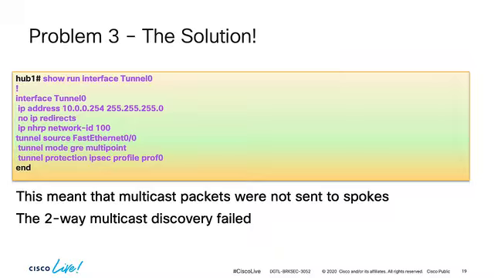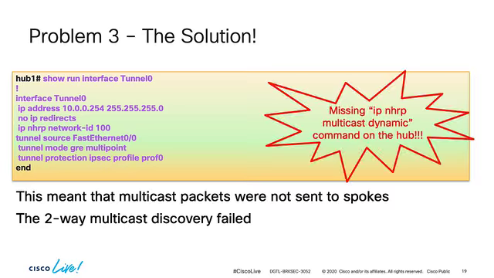Remember, when I was talking about the mandatory commands which are required with NHRP, I said that it was very important that we enable multicast on both the hub and the spoke. In this particular case, what we see is the ip nhrp multicast dynamic command was actually missing on the hub. I don't see this particular command on the hub.